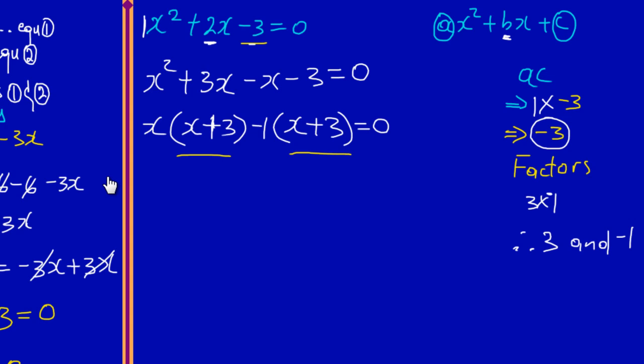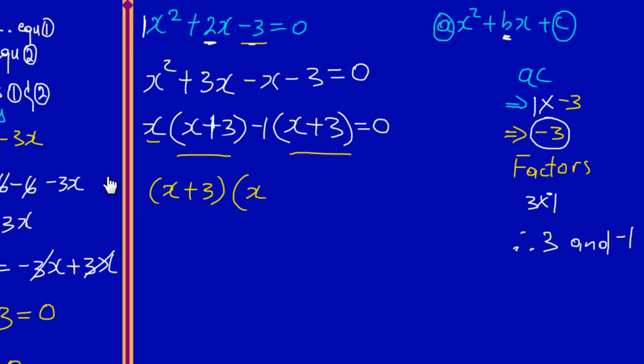Okay, so basically what I'm going to do here, I'm going to write down what's inside one of my brackets, because if you notice, that is what is common to these two terms, in x times x plus 3 and negative 1 times x plus 3. So if you factor this out, you would get an x here, because you could say x plus 3 into this would leave us with this x there.